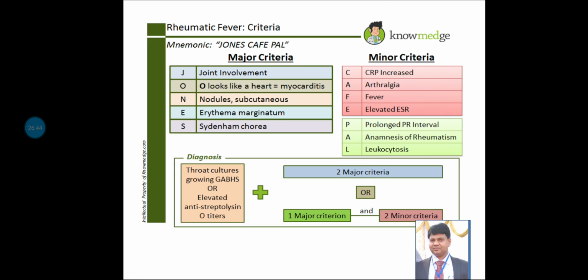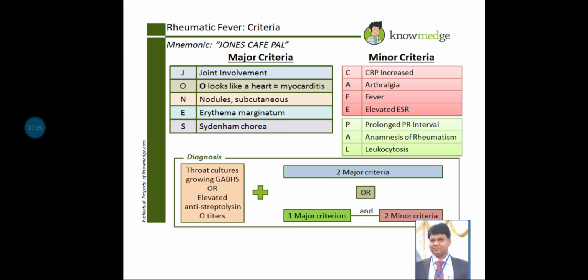Along with these there are minor criteria: increased level of C-reactive protein, arthralgia, fever, elevated level of ESR, prolonged PR interval, and leukocytosis. So these are the minor criteria.